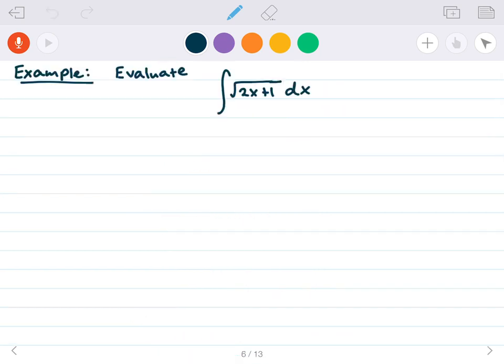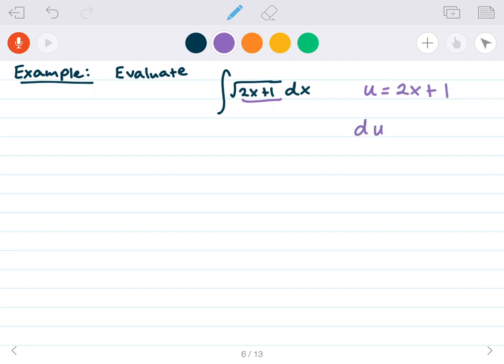All right, let's try this one. Again, I encourage you to pause the video and see if you can get the substitution right. That's honestly the hardest part here, I think. So I have something under the radical. That's probably what u is going to equal. So I'm going to let u equal 2x plus 1.